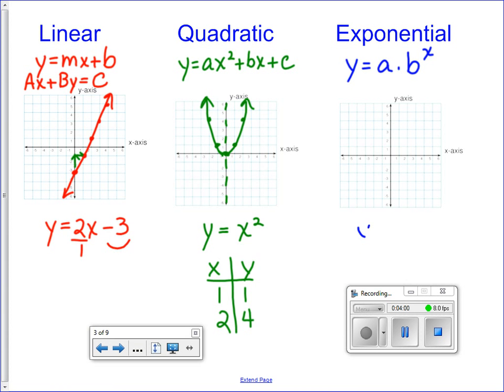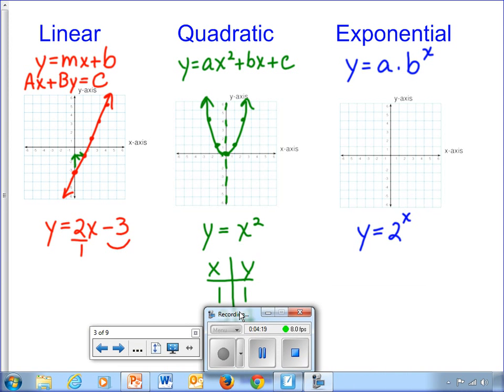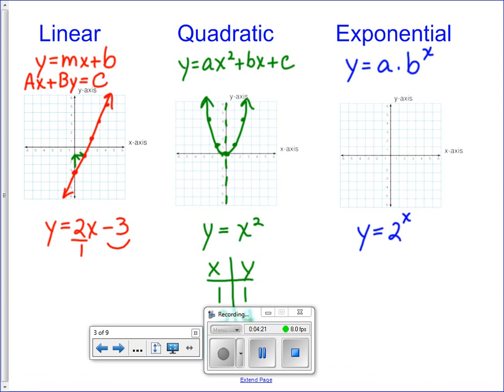So again, let's just take a very simple equation like y equals 2 to the x power. All right, and once again, I'm going to make an xy table to graph this.